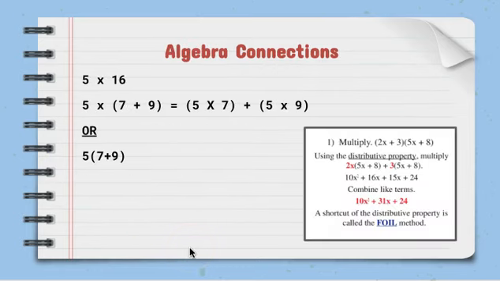Also, those algebra connections, right? Over on the left here, you see the distributive property strategy used with just simply 5 times 16. Take a look at the white box and you can see that distributive property used when combining like terms, okay? That FOIL method, right?